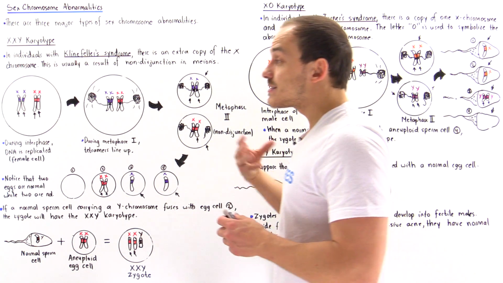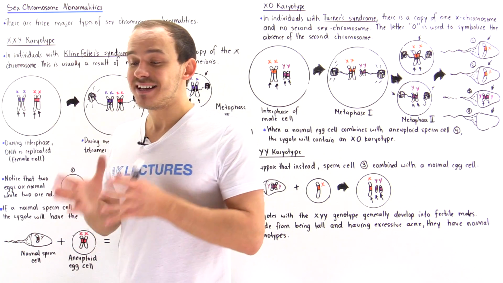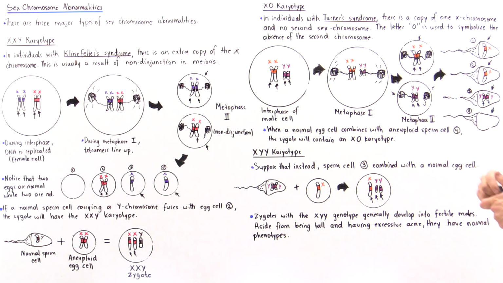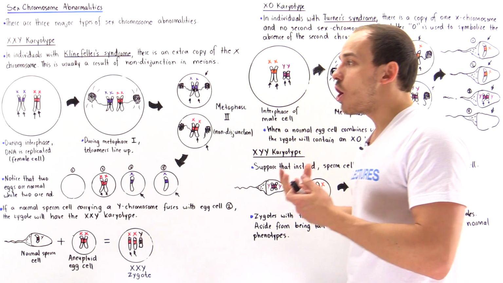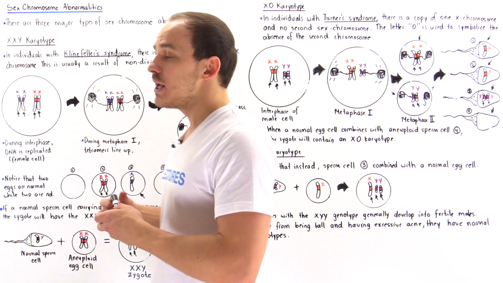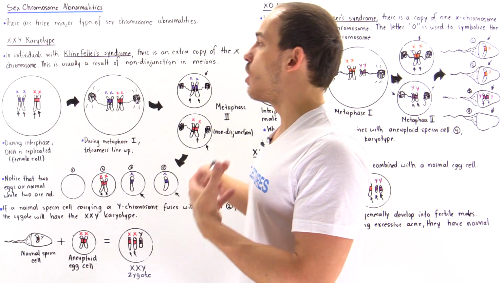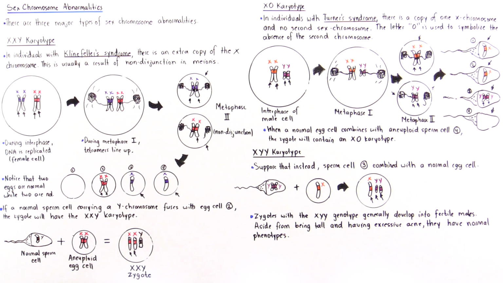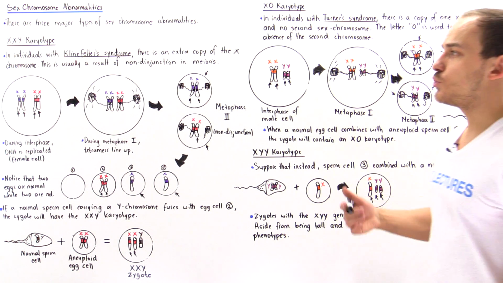Aside from being unusually tall and having extreme acne problems, they are generally normal. That is, they are fertile and they can mate with other normal female individuals to produce offspring.